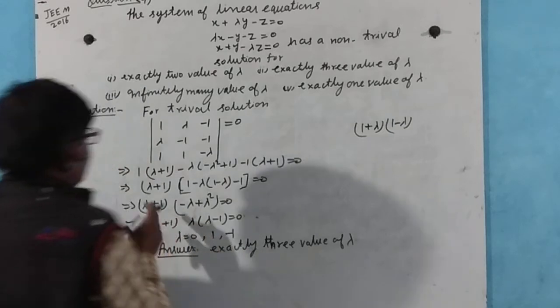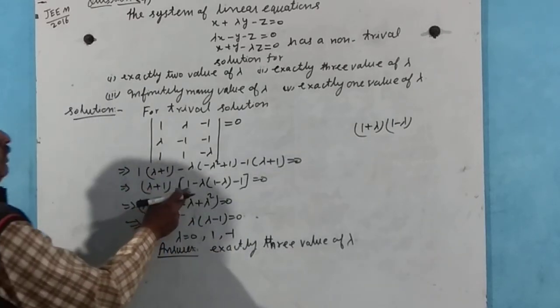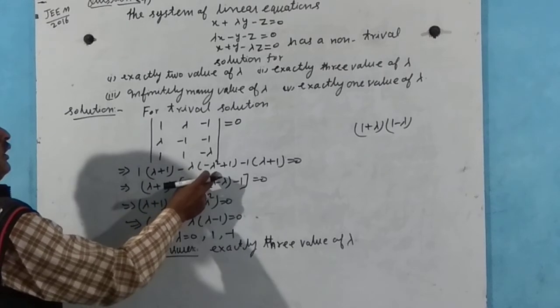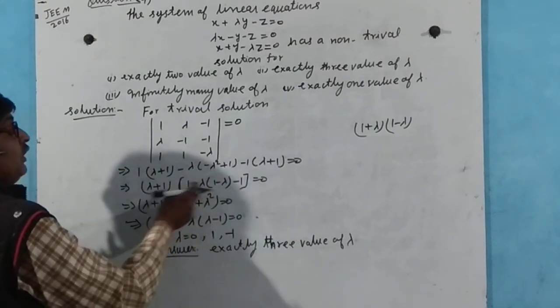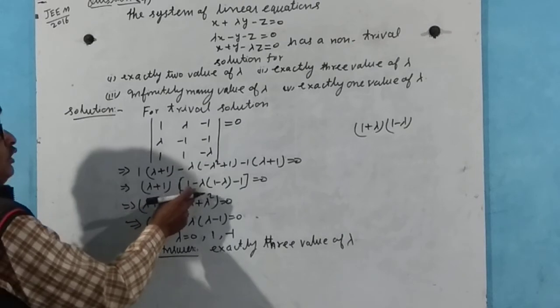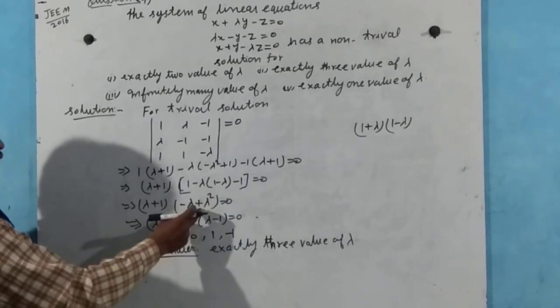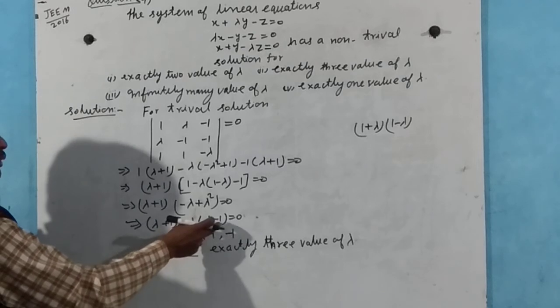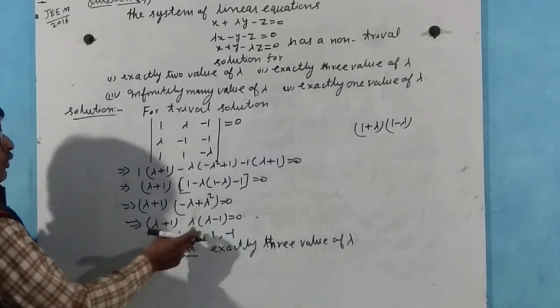Taking the common factor lambda plus 1 here, this and this cancel, leaving minus lambda plus lambda square. We take the common lambda, so lambda into lambda minus 1, so lambda equal to 0.